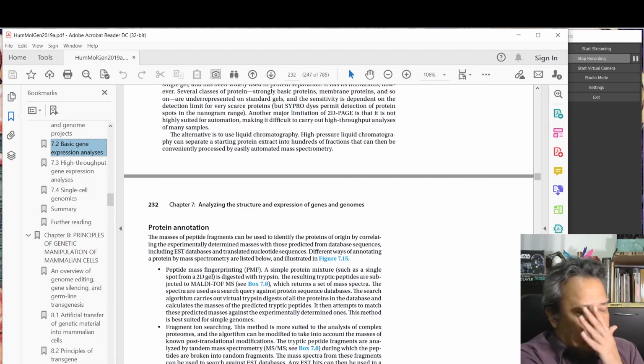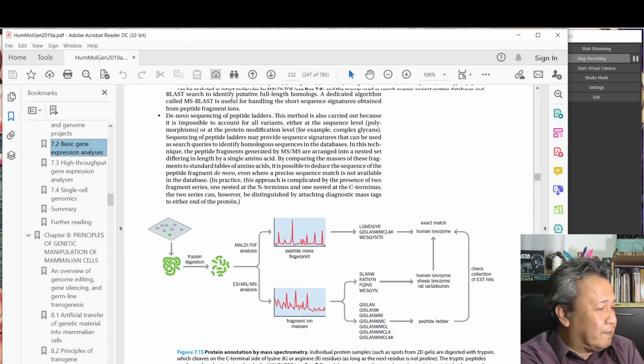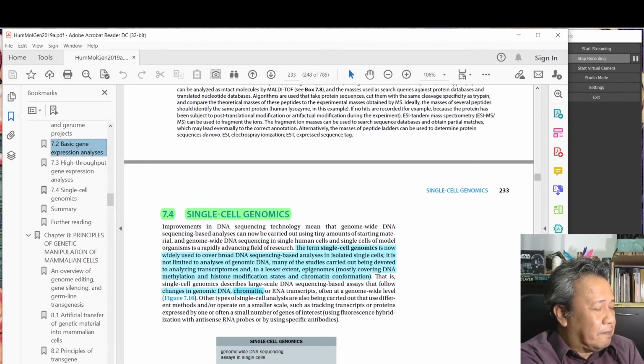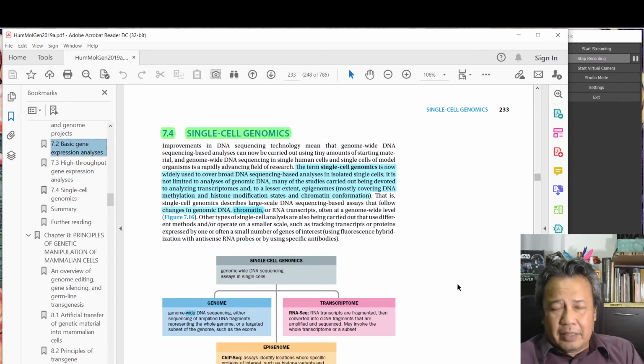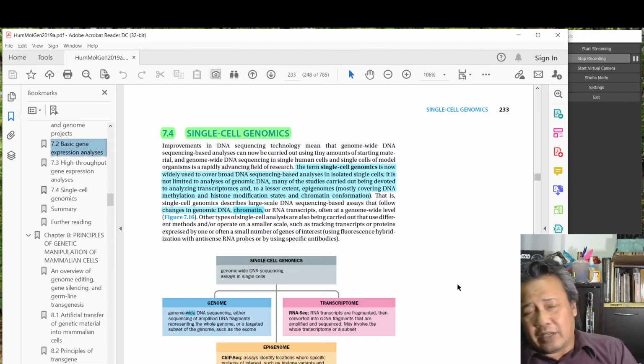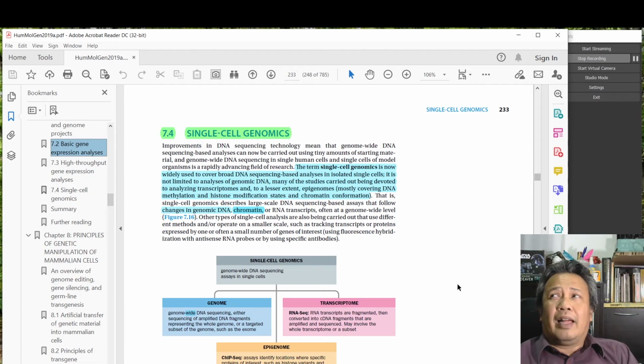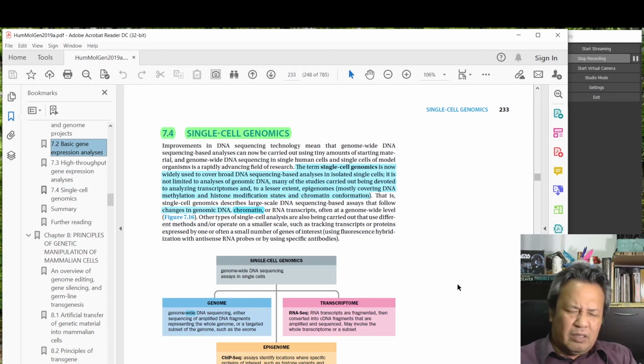I will not go through them in a very detailed fashion, but suffice to say that what they're interested in is looking at gene expression. The latest technology is what they call single cell genomics or single cell expression studies. Usually you have tissues, like breast cancer tissues, and sometimes you have problems where the tissues are not expressing genes equally, there's a lot of variation.